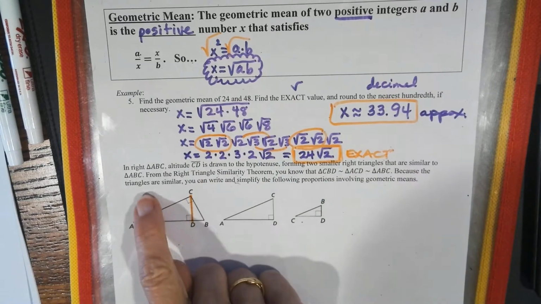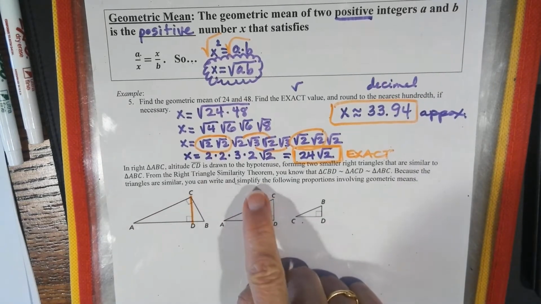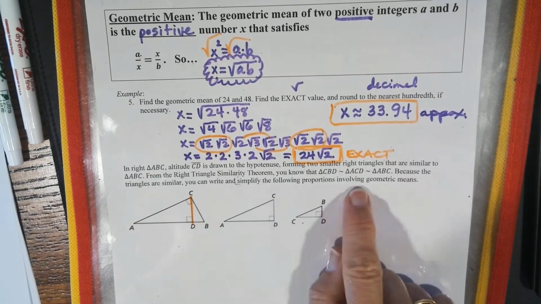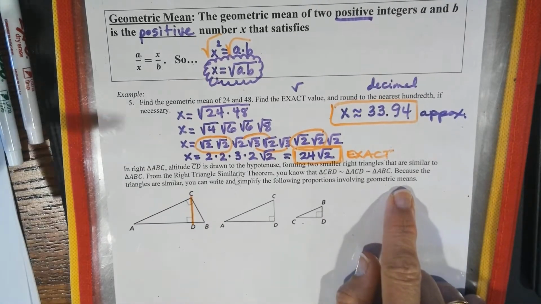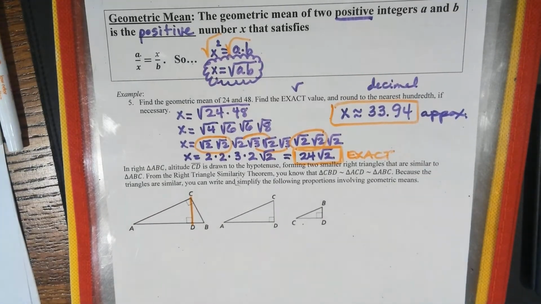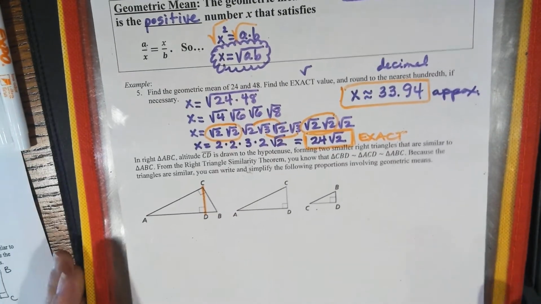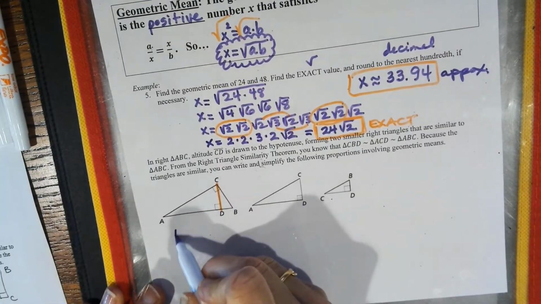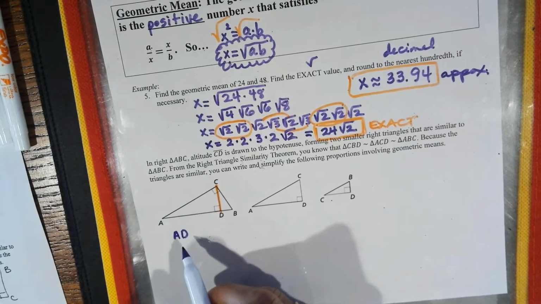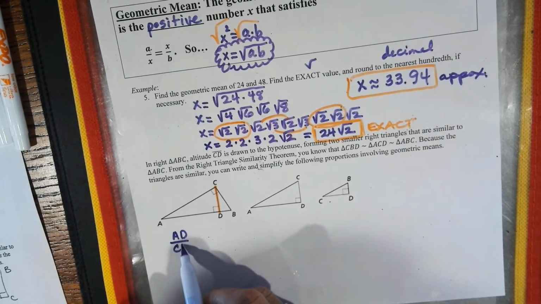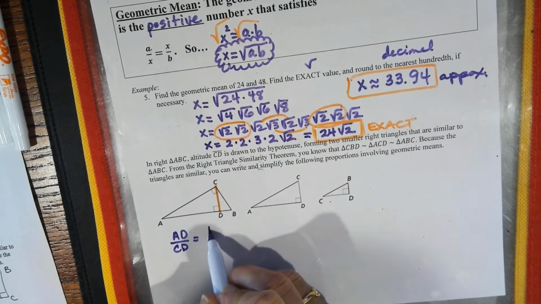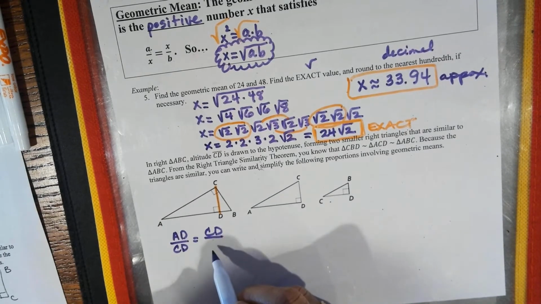Because the triangles are similar, you can write and simplify the following proportions involving geometric means. So this is the beautiful part. We can write AD over CD is equal to CD over BD.